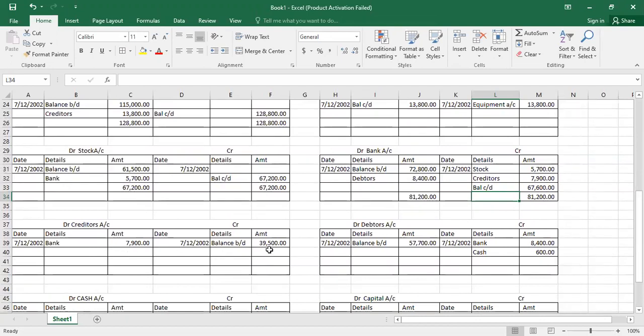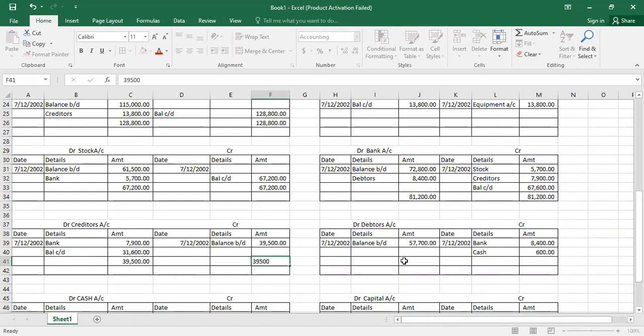The balancing figure here is 39,500. So what's my balance carried downward? My balance carried downward will be equal to this minus this. So it's balancing at 39,500. Go on.